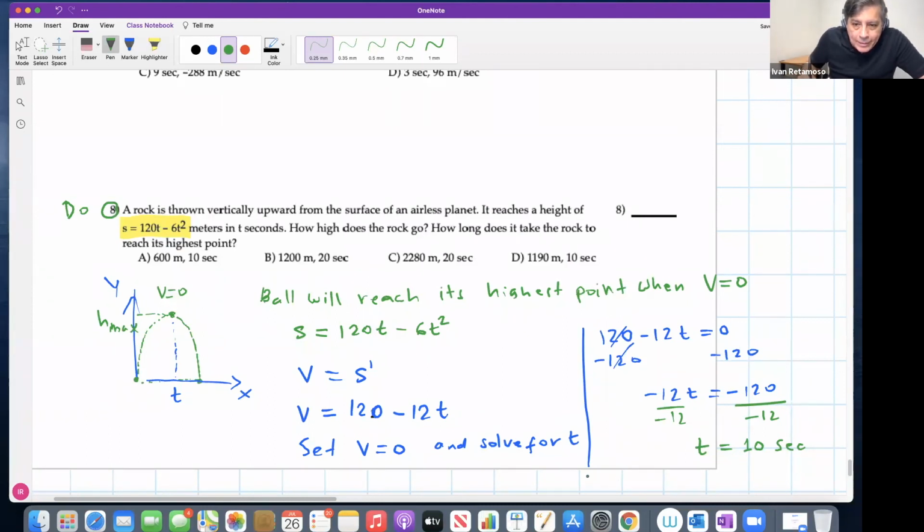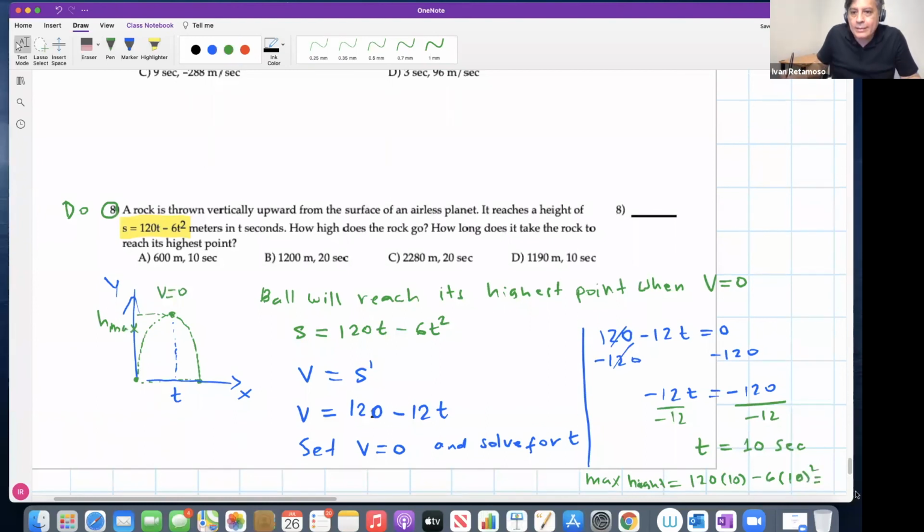So the maximum height will be equal to the function, which is this, evaluated at 10, right? Time 10. So 120 times 10 minus 6 times 10 squared.